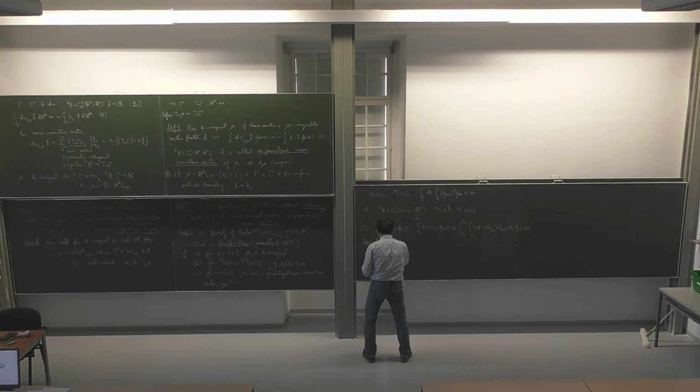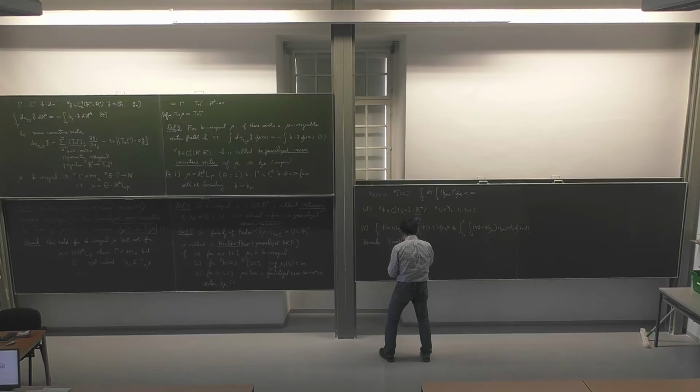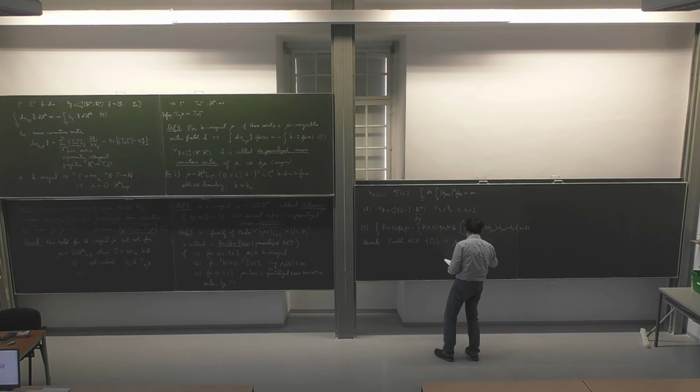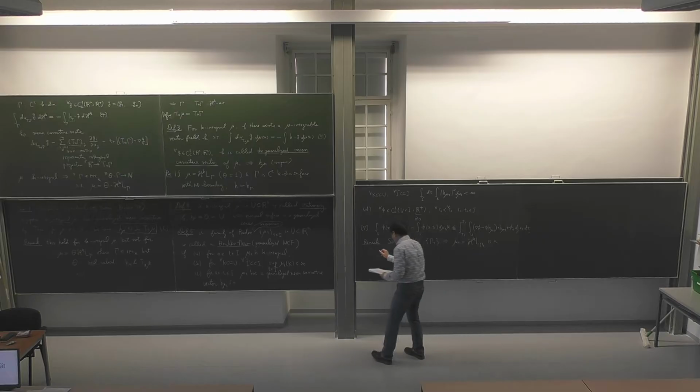So what I just said is a remark: if you have a smooth family, a smooth mean curvature flow, gamma t, then of course if you set mu t to be equal to H^k restricted to gamma t, this is obviously a Brakke flow.